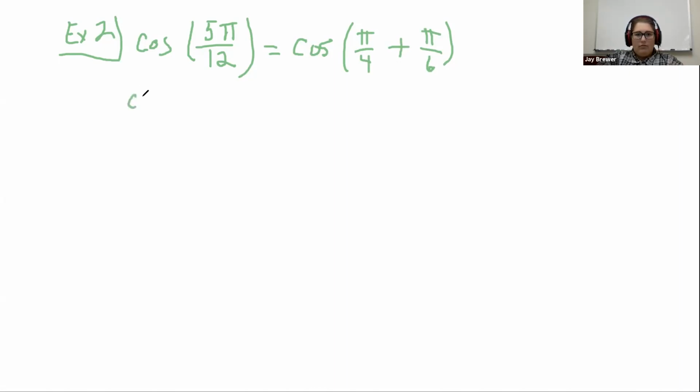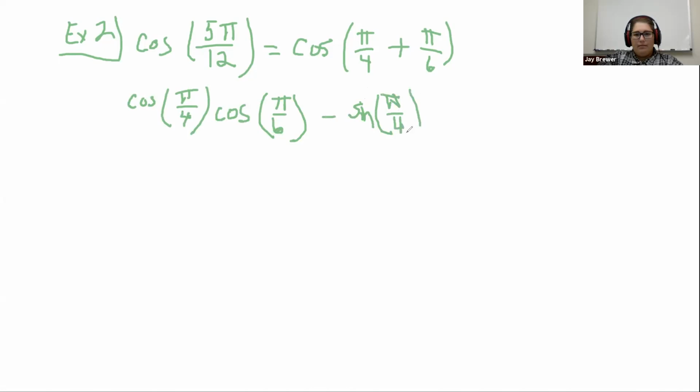So we're going to have cosine of pi over 4 and cosine of pi over 6 minus sine of pi over 4 sine of pi over 6.